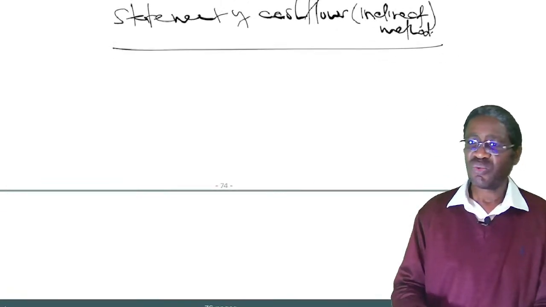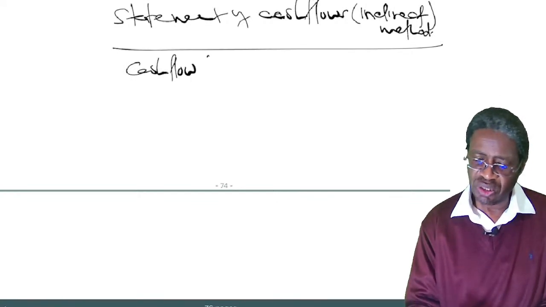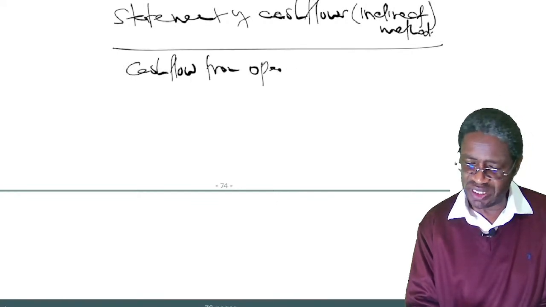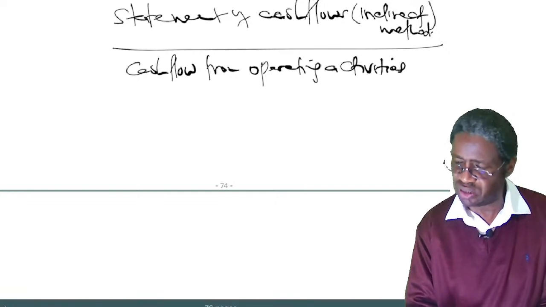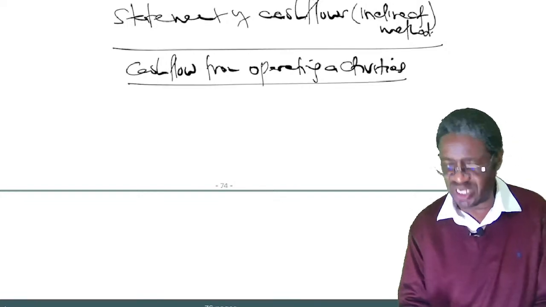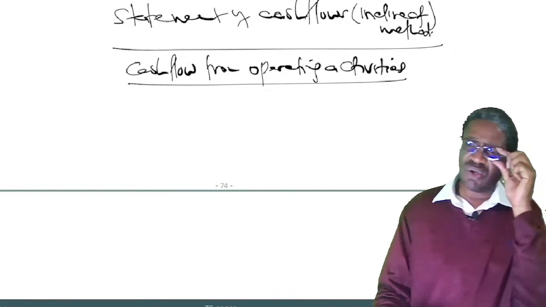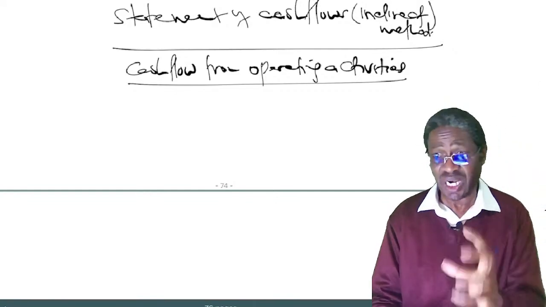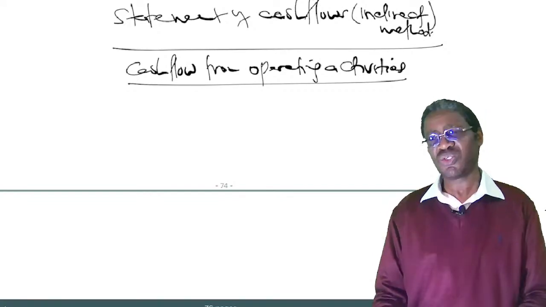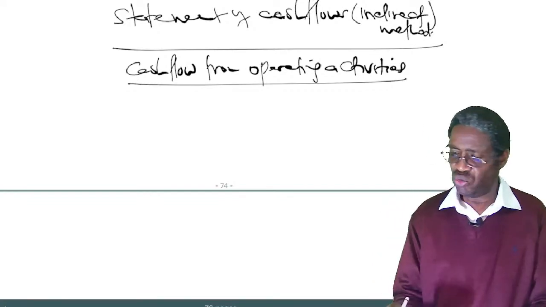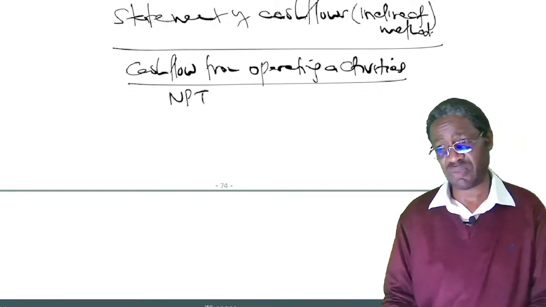Remember, we said you always start with what we call cash flows from operating activities. And when we take this category using the indirect method, you remember we said you always start with the profit before tax.